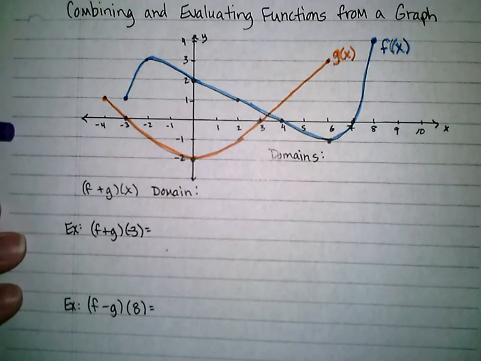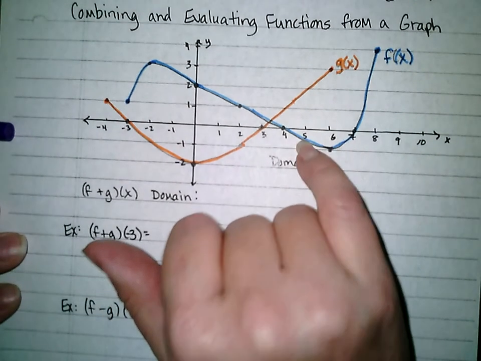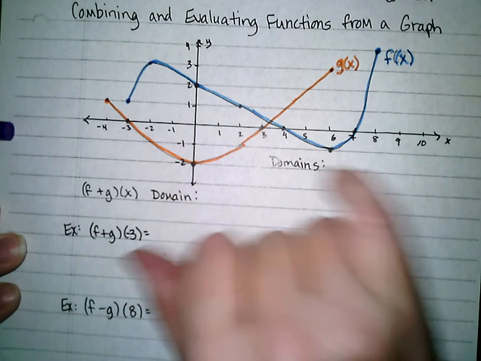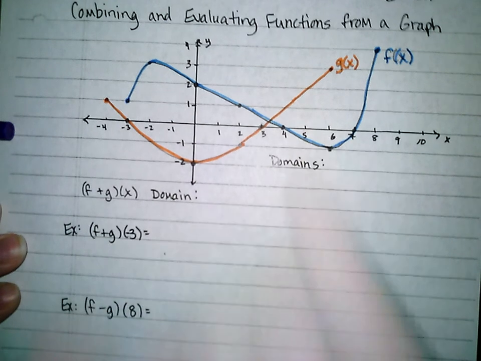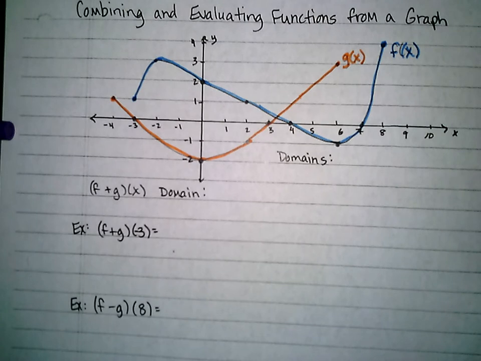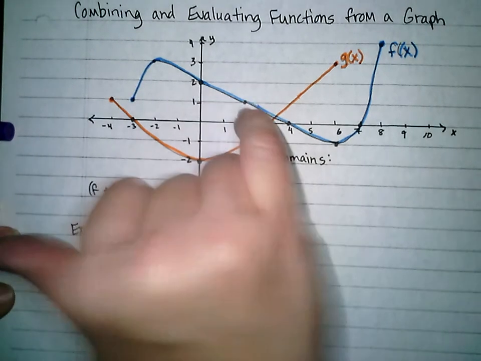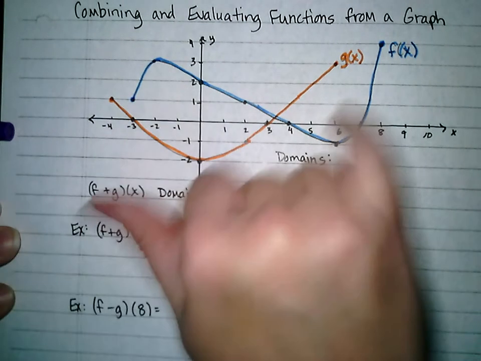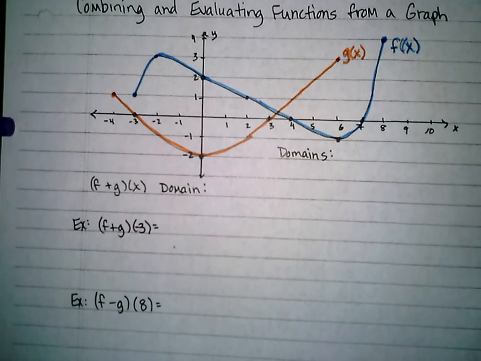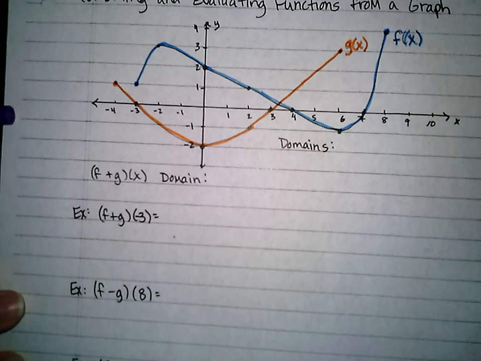It's like f of 5 still exists and it has a value, even though there's not a thick dot there. Just don't be thrown off by having some of the dots be thick dots and others not. Please, please, please.